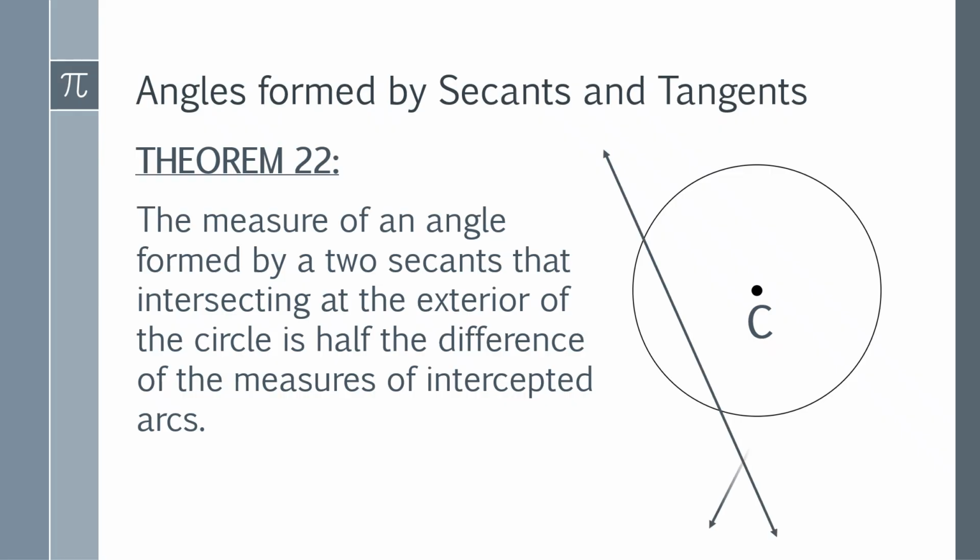A while ago, the intersection of two secants was located inside the circle. This time, these two secant lines intersect outside the circle.